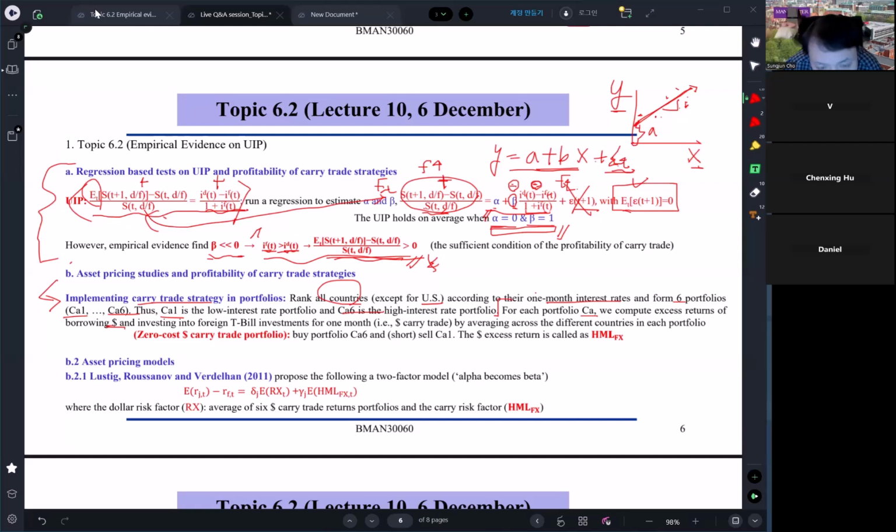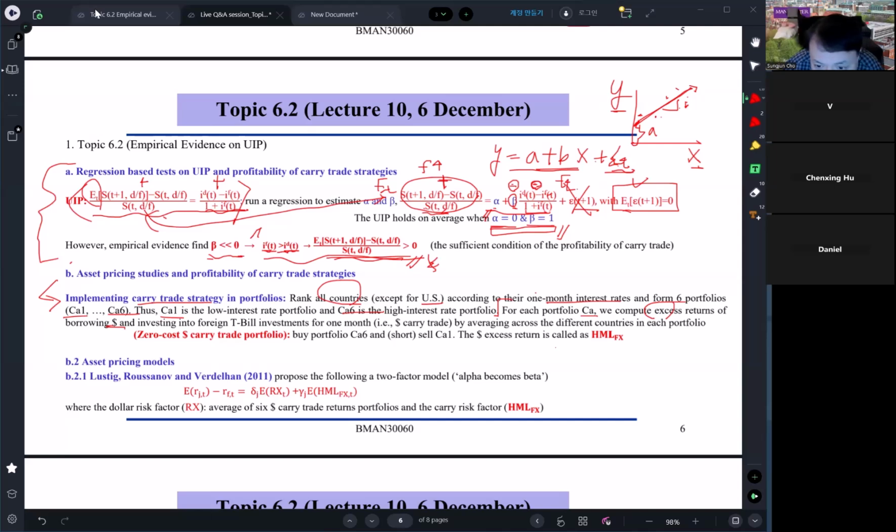Dollar carry trade doesn't mean you have to borrow dollar. Carry trade just means borrow low interest rate currency and invest into high interest rate currency. So you may wonder why by doing this, always borrow dollar and invest into foreign money market. What is the relationship with this one and carry trade, right?